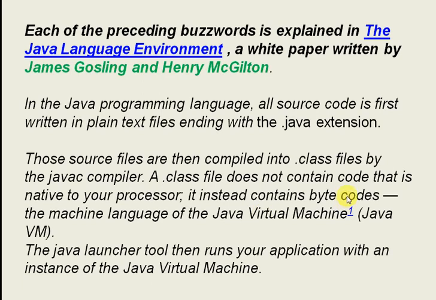It contains code that is native to your processor, but it is not called native assembly language. It is called Java bytecodes, and is supplied to the JVM. The Java Launcher tool of this JRE will run the actual program and hand it over to the operating system.